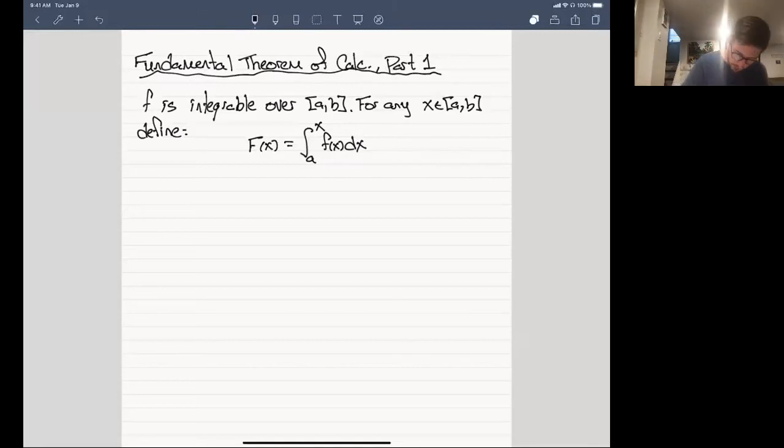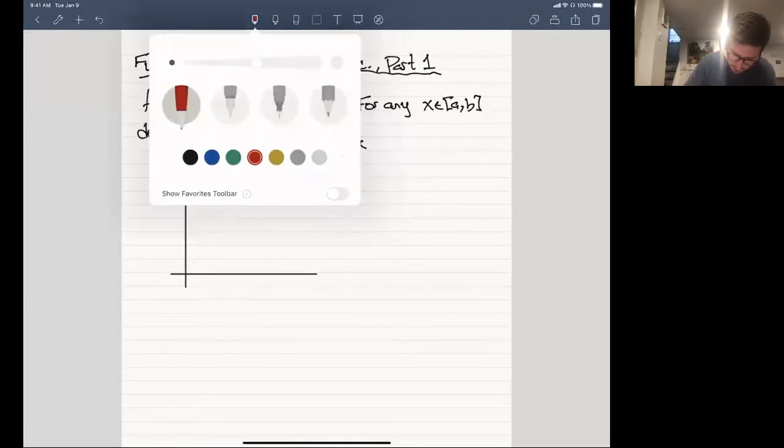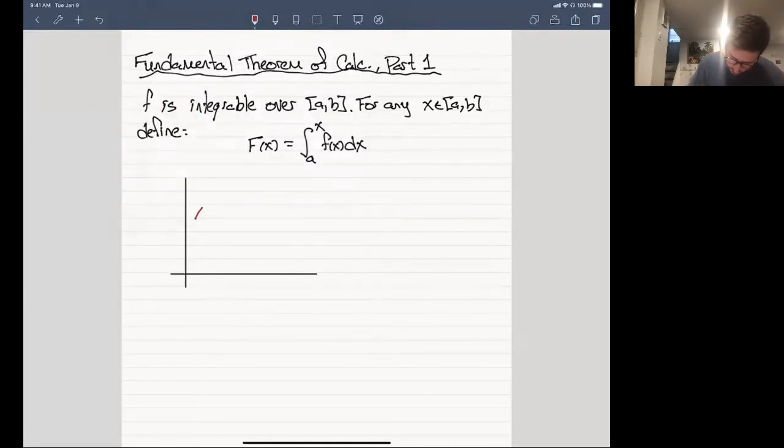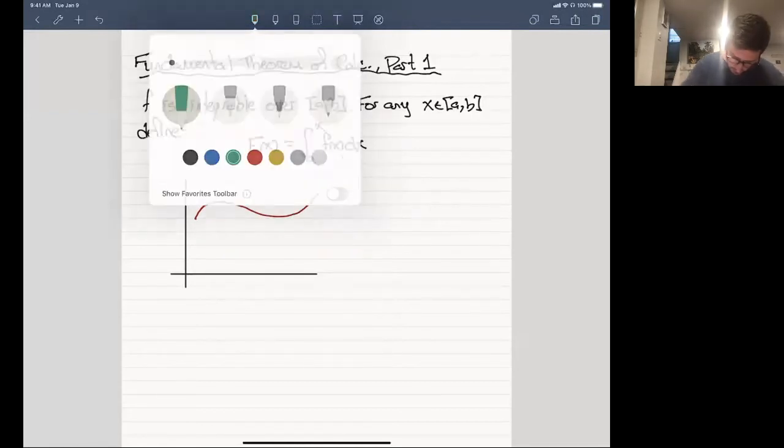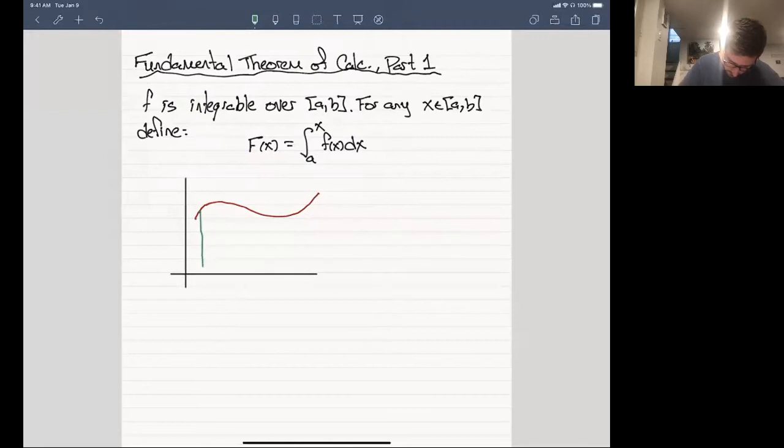So let's draw that out. You have to give me little f of x. And then what I do is I give you a value of x, and I ask you to integrate up to that value. So let's say this is my x.